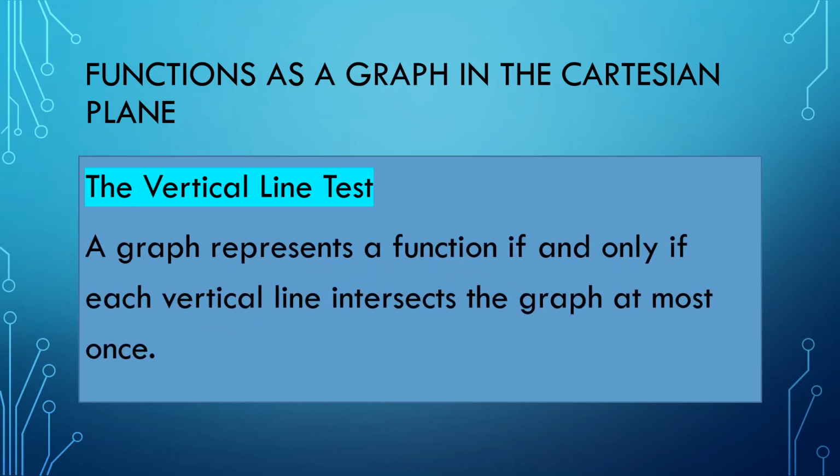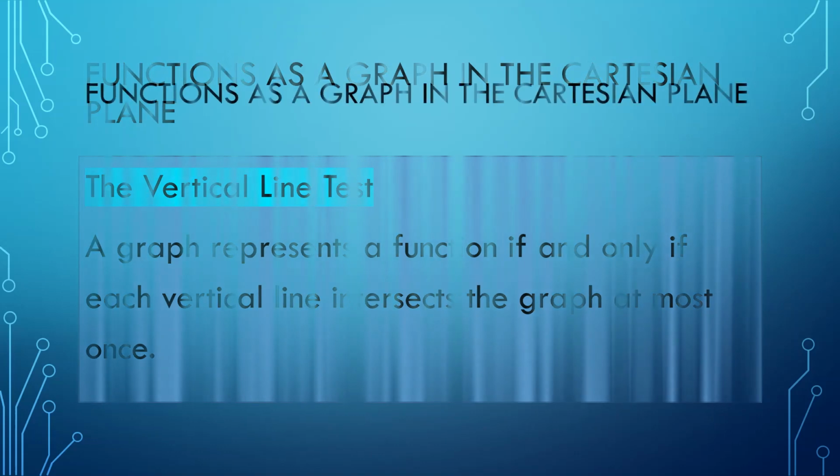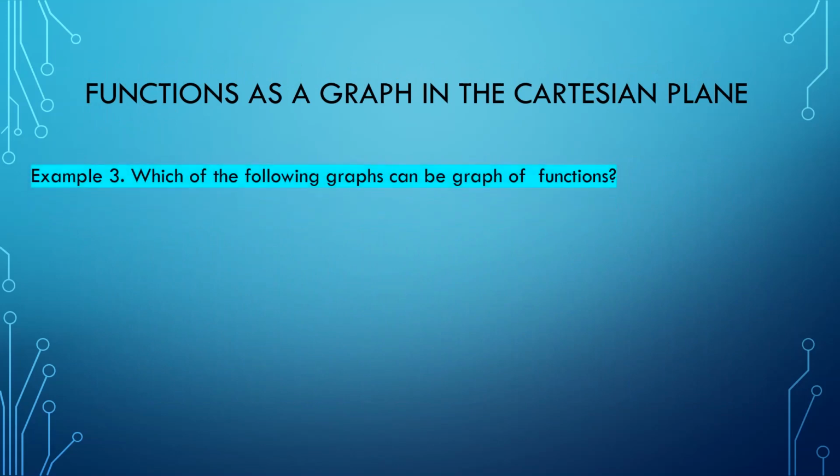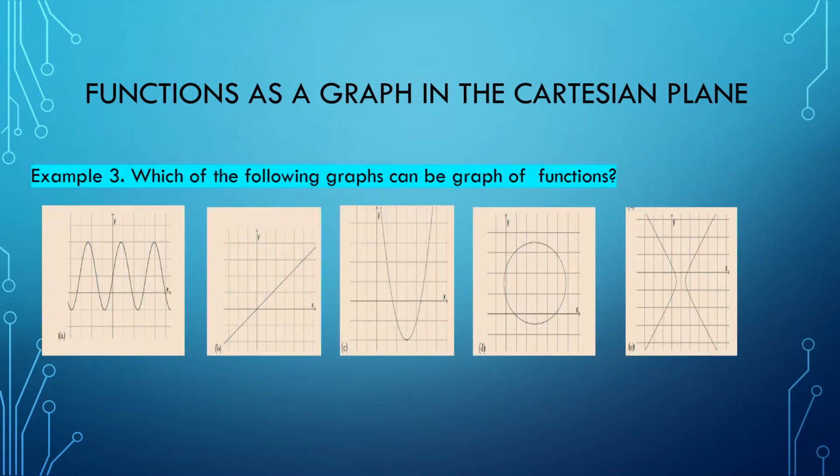A vertical line test states that a graph represents a function if and only if each vertical line intersects the graph at most once, or it will only intersect the graph at one point. We have here an example. Which of the following graphs can be graphs of functions? So we have letter A, B, C, D, and E.